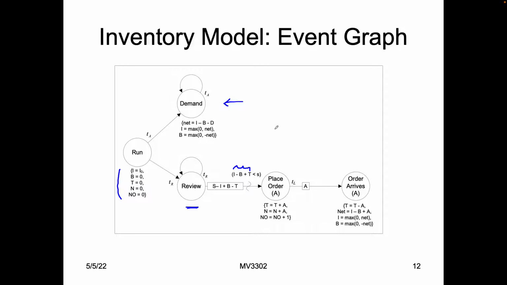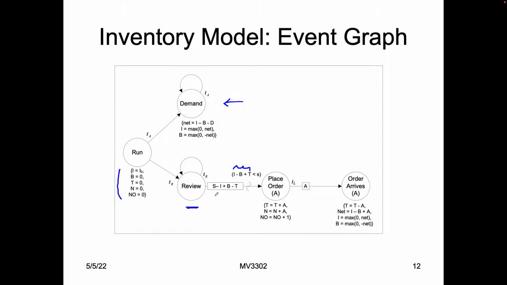Now, how much do we place the order for? That's where it gets tricky, because if we ordered the same amount every time, we wouldn't need to worry about this. In this case, the argument for the event placing the order is how much I place the order for. So how much do I order?